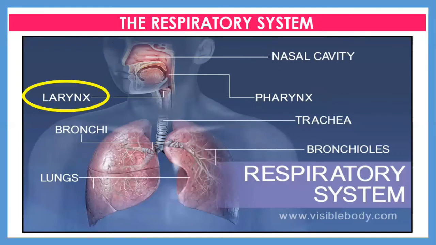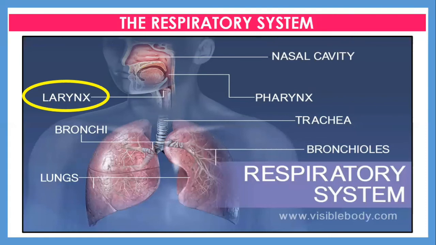On the other hand, we also have the larynx, and the larynx lies at the upper end of the trachea and just below the pharynx. It is actually a part of the open passage through which air travels on its way to the lungs and protects the lungs against the ingress of solids. It is also the organ of voice production.